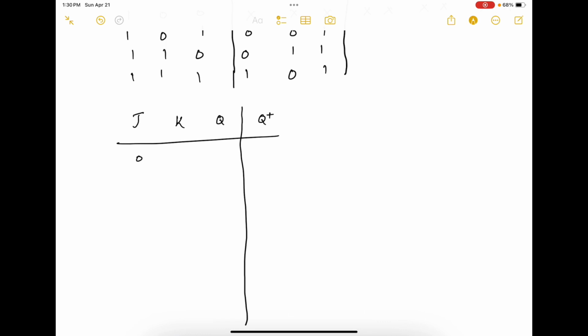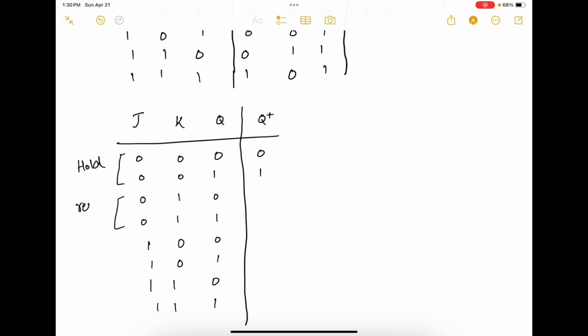So you have 8 combinations. When J and K are 0, 0, that's the hold state, so Q plus is equal to Q. When J is 0 and K is 1, that's the reset operation. Remember, your JK flip-flop is similar to your SR flip-flop, with the exception that an SR flip-flop is not designed to be correct when both the inputs are 1 and 1, but a JK flip-flop is designed in such a way that even for 1 and 1 it is valid.